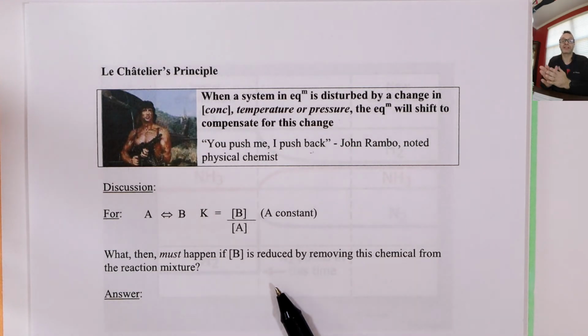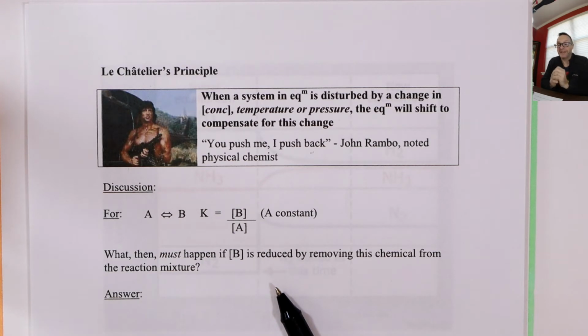And this is how we actually make products in a chemistry lab or an industry. If they're gas phase, for example, we often have a very cold surface in there, and hopefully the product will form a liquid and condense and then be out of the gas phase. Remember, liquids and solids don't appear in the equilibrium expression. So what will the reaction do? It will make more product to get back to that equilibrium position.